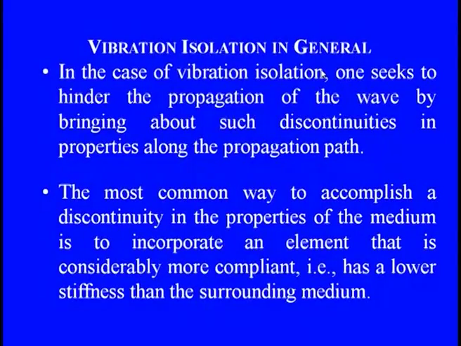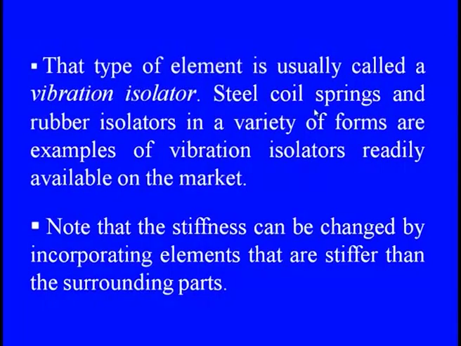The most common way to accomplish these discontinuities in the properties of the medium is to incorporate an element that is more compatible with the system itself, either by providing stiffness or damping towards the surrounding feature, or even sometimes masses as well. The type of element usually put there is called the vibration isolator.